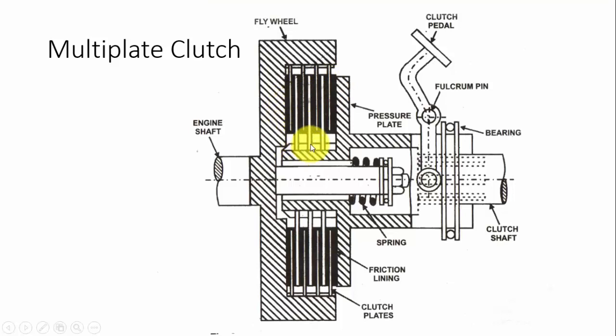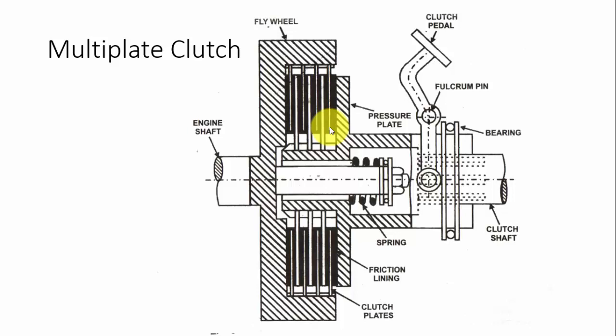These are the friction plates and this is the pressure plate. The black colored things are the liners, also called friction lining. The similar concept will be applied here. This is the engine shaft. When the power is transmitted to the flywheel, it will be transmitted to the clutch shaft when the clutch pedal is not pressed. By default, the clutch will be in engaged position.